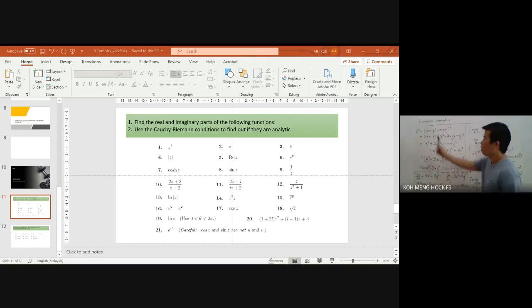The real part of this function is u equals x to the power of 3 minus 3xy squared. Same? And then the imaginary part of this function, v, equals 3x squared y minus y to the power of 3. Okay?